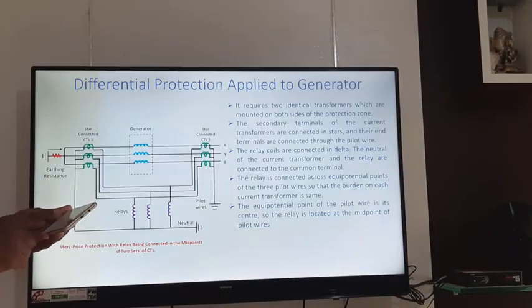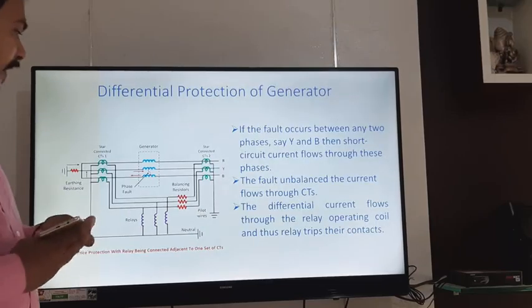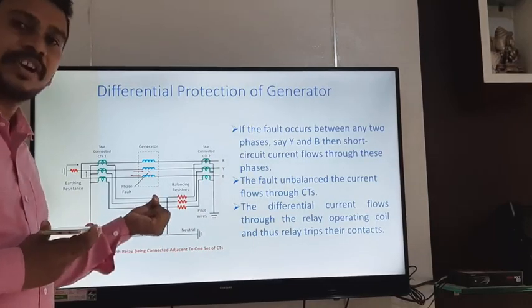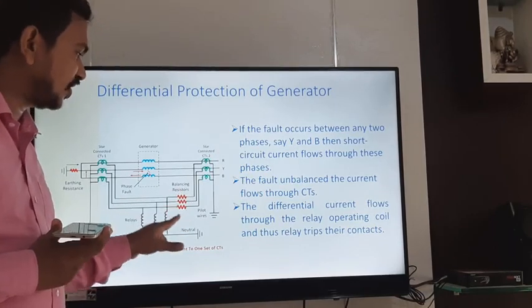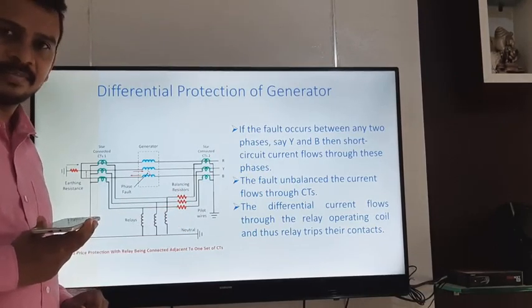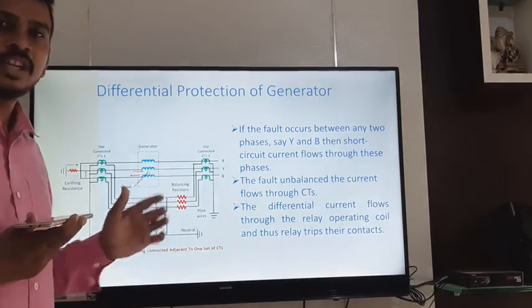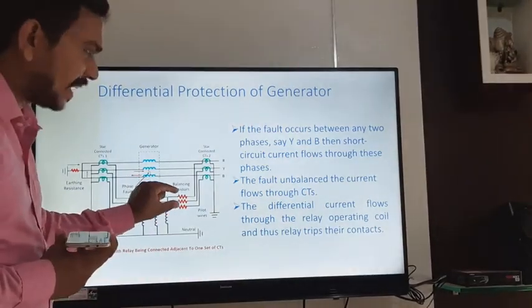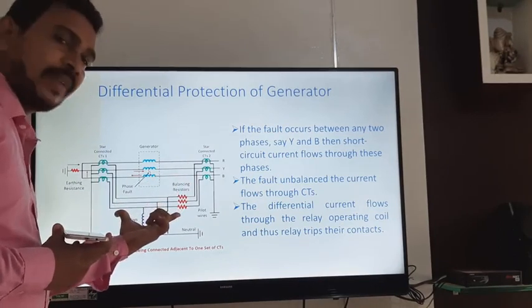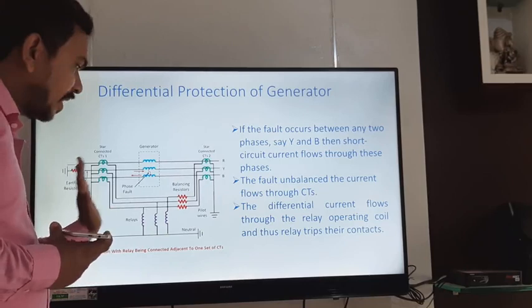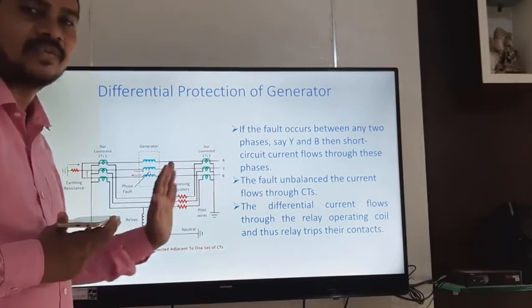So for that, what we have to do is find the midpoint of the pilot wire. For that we have to connect a balancing resistor in the pilot wire, which is a variable resistor. By varying the value of resistance, we have to make the resistance of this side and the resistance of this side equal.